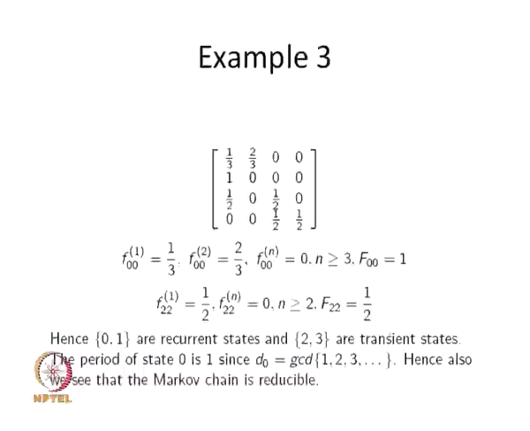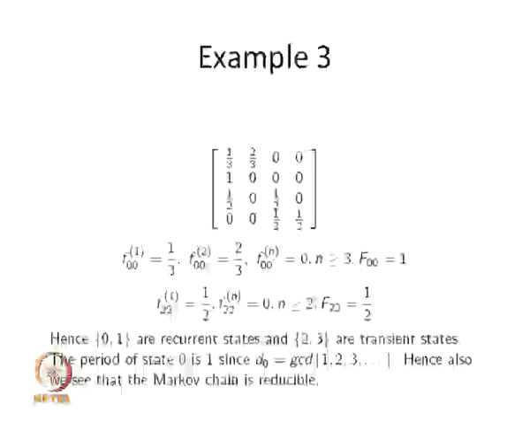Here I will go for 4 states, which consist of states 0, 1, 2 and 3. It is easier to explain through the state transition diagram than the one-step transition probability matrix. So, I am just drawing the state transition diagram for this DTMC.